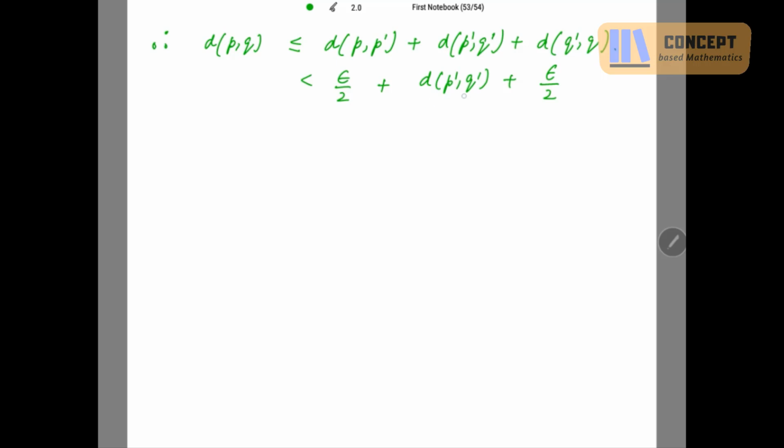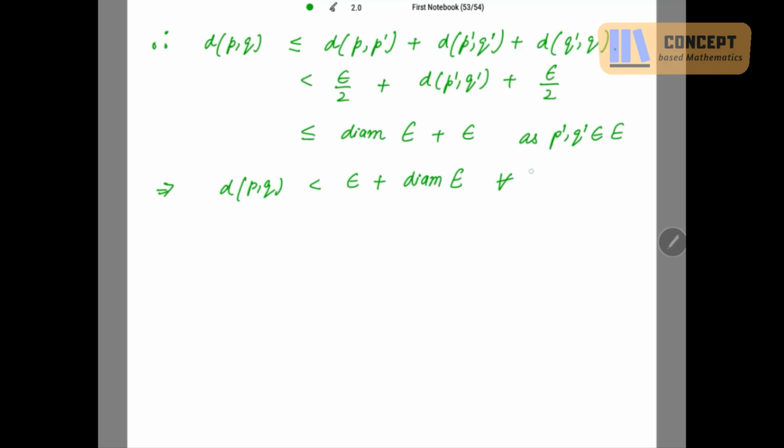So this distance is less than or equal to the maximum distance in E. So I can write this to be less than or equal to the diameter of E. Diameter of E plus this sum is epsilon, which implies the distance of P Q is less than epsilon plus diameter of E. Here we should write P dash and Q dash belong to E. That is why I mentioned the diameter of E for this distance.